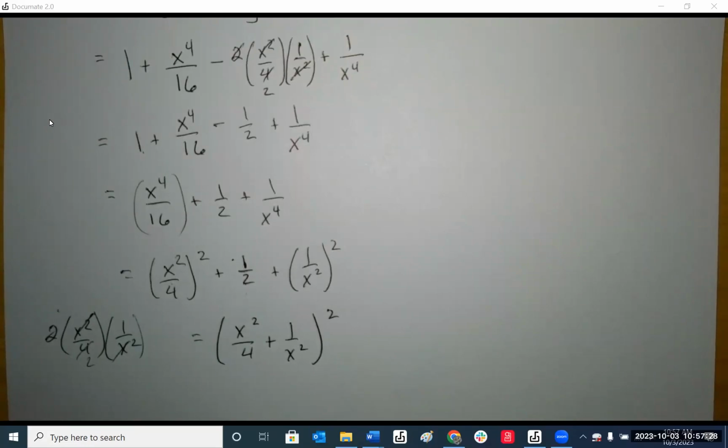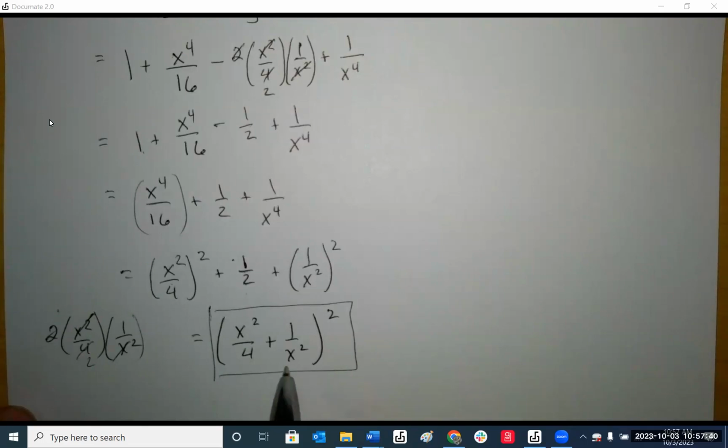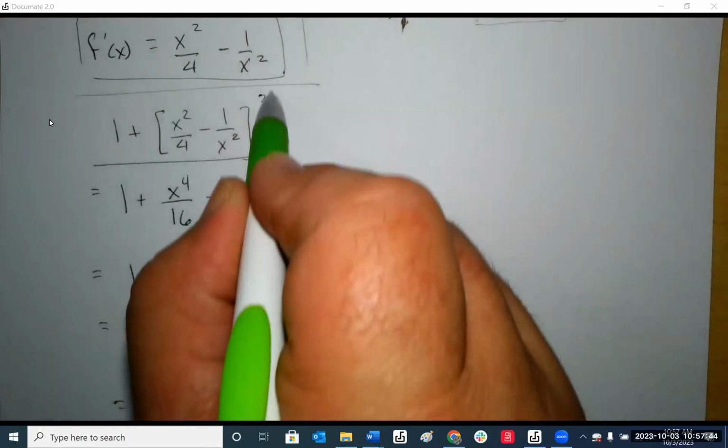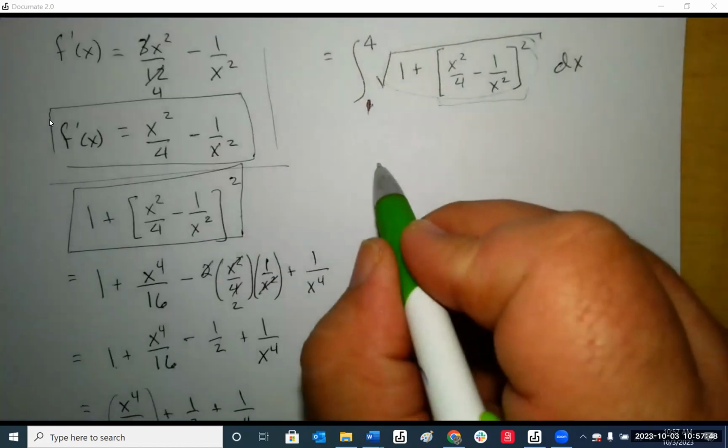Now, why was that important? It was very convoluted, but it's important because now, where does this equation go? This equation goes in place of this inside there.